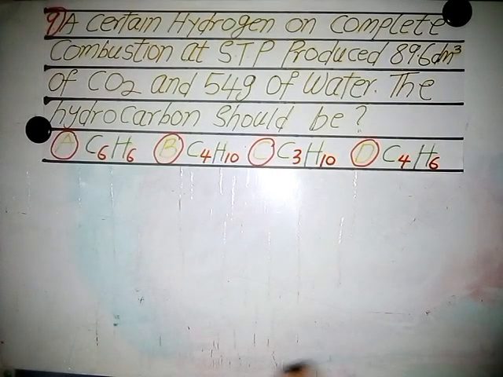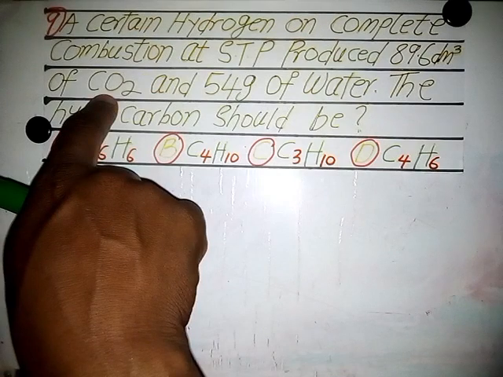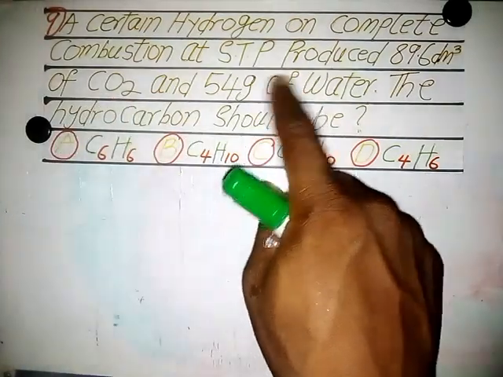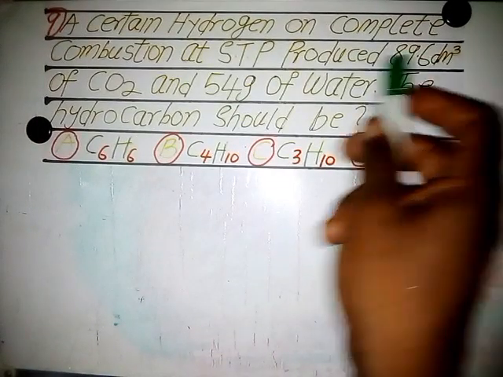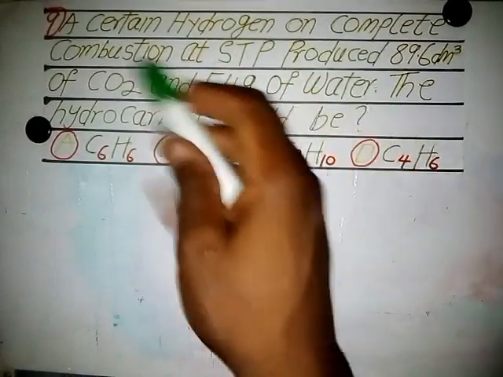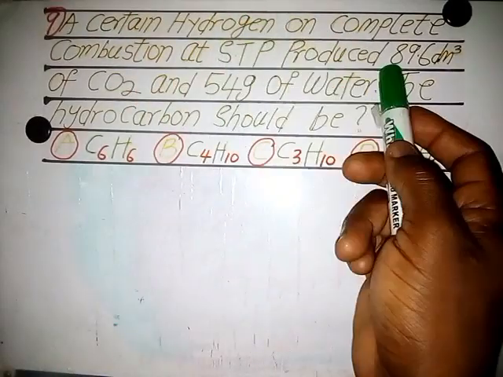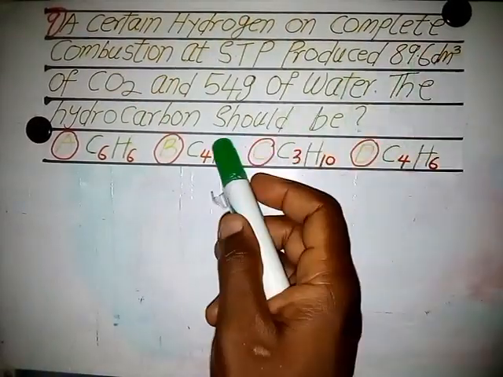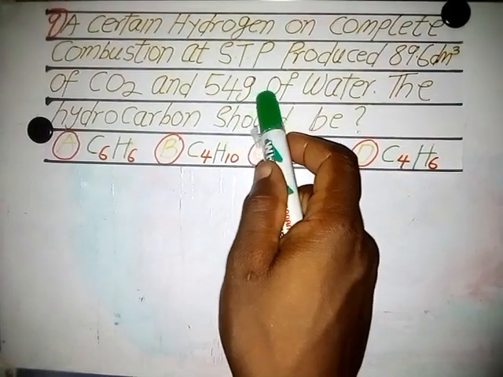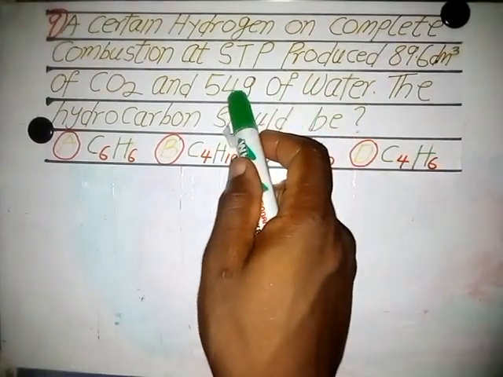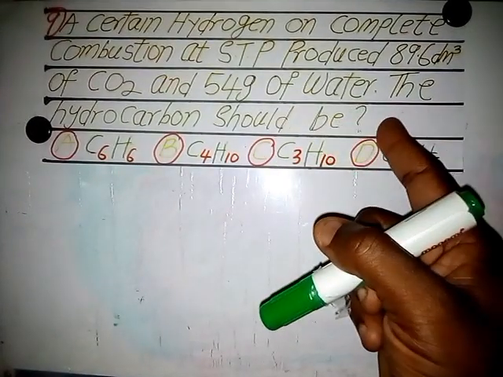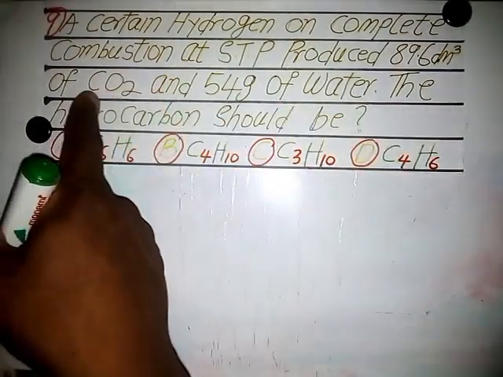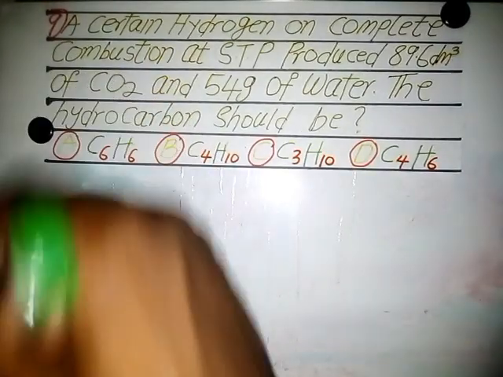So we are interested in the carbon in CO2, and the hydrogen in H2O. Instead, they are giving you the volume of CO2 at STP as 89.6, and the mass of water as 54. But remember, there's hydrogen present in water, and we're interested in that hydrogen, while there's carbon present in carbon dioxide, and we're interested in the carbon.